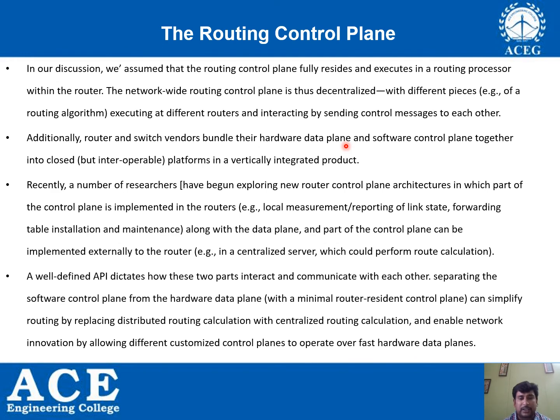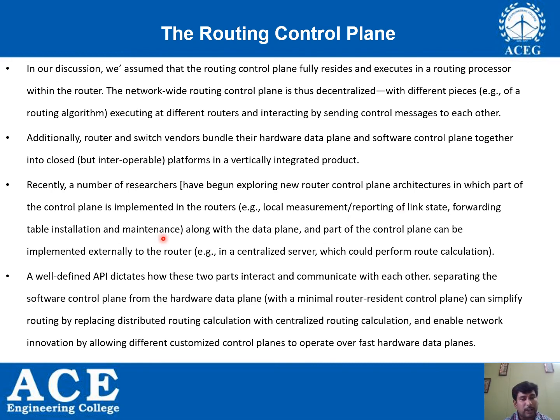But nowadays researchers have made a change in the existing architecture. What they propose is a new router control plane architecture in which only a part of the control plane is implemented in the routers, that is, local measurement, reporting of link state, or forwarding table installation and maintenance.